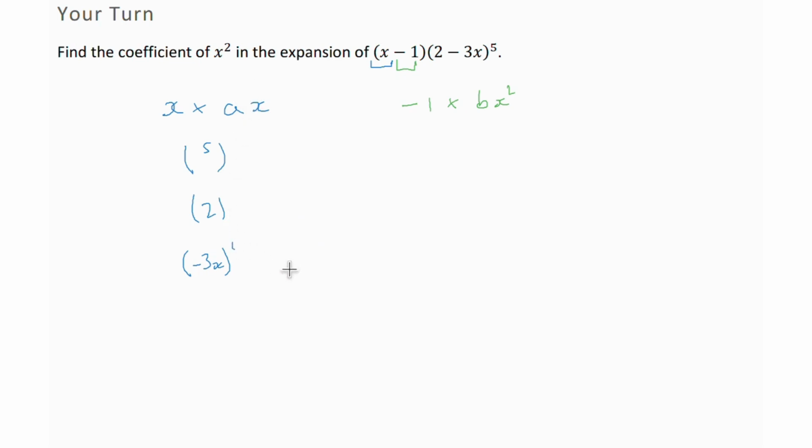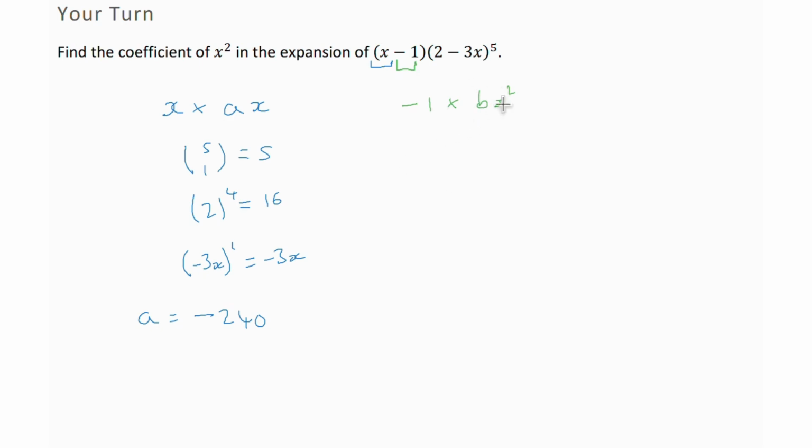For this to be a power of 1, that needs to be 1, which means that's 4, and that's 1, which gives me 5. 2 to the power of 4 is going to be 16, and minus 3x, which is telling me that a is going to be 5 times 16 times by minus 3 is minus 240. That's the value of a in this coefficient here.